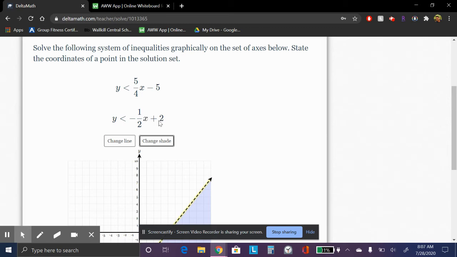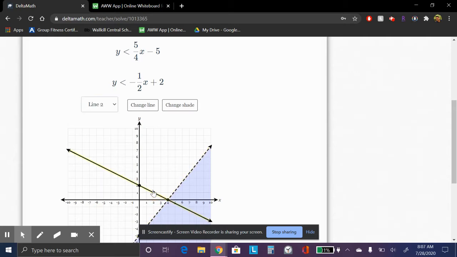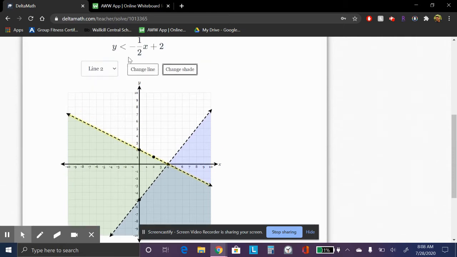The next one, you start at 2 on the y-intercept, and you go down 1 to the right 2. Again, it's not equals, so we have to change it to a dashed line and shade below, because it's pointing to y, not away from y.